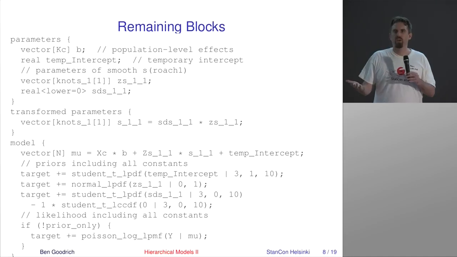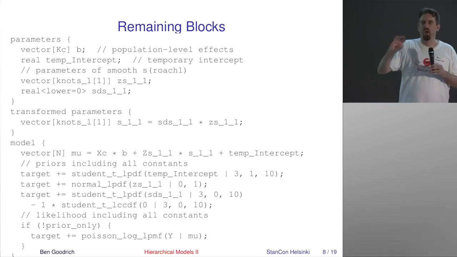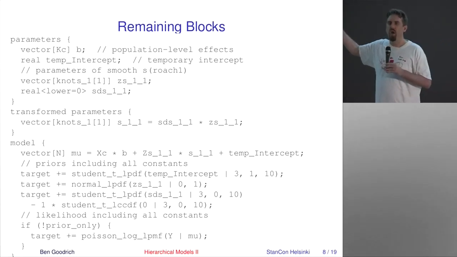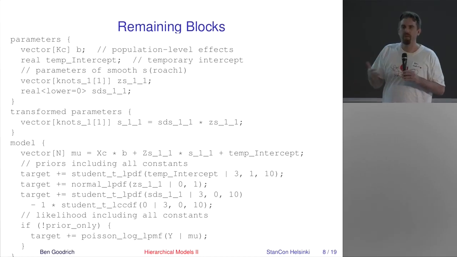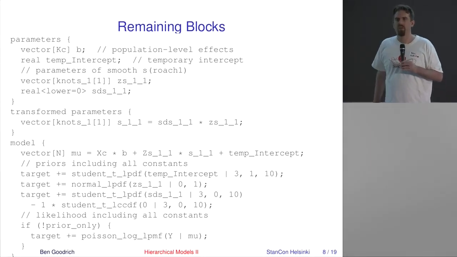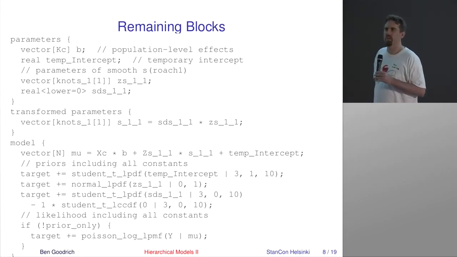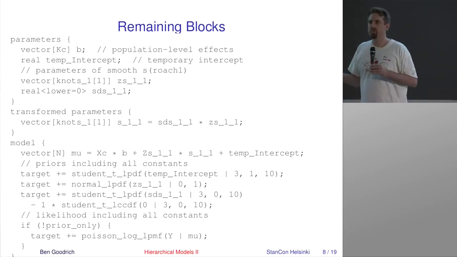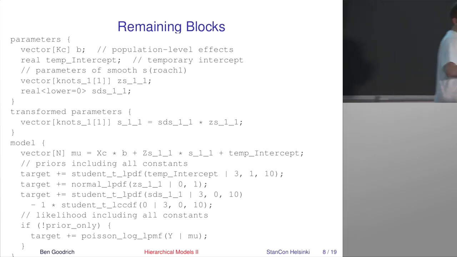If you did this and wanted to compare it with MGCV, you would probably get pretty similar answers, at least for the posterior mean or the posterior median. So it's always good to have the same parameterizations that you can check against in one of the original packages. So questions about how this works?